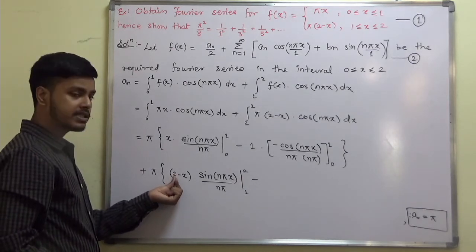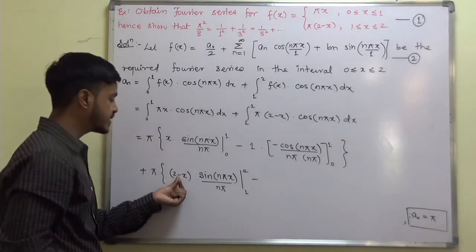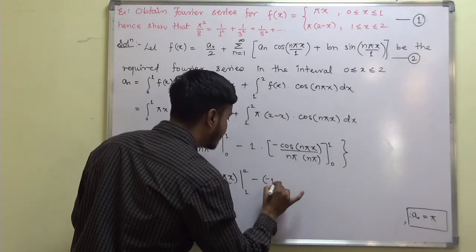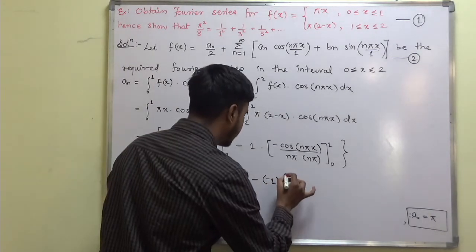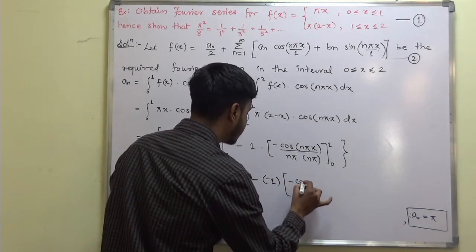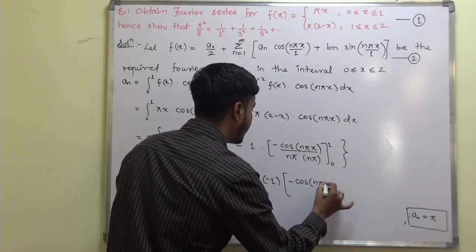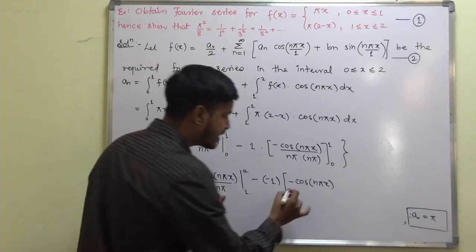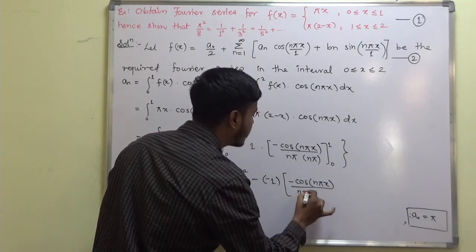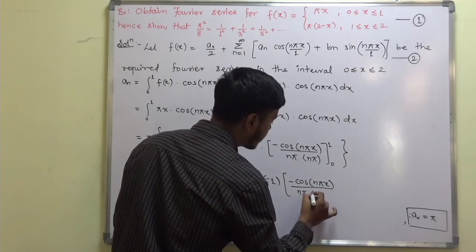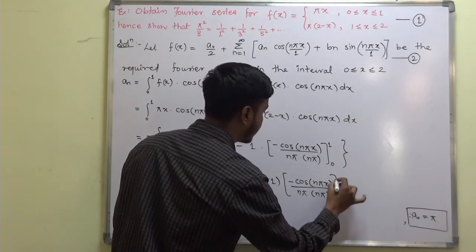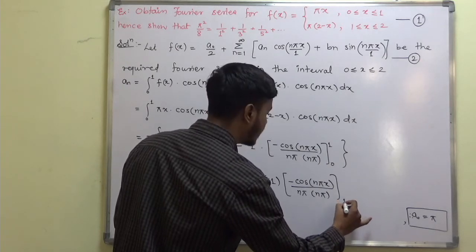Derivative of 2 is 0, minus derivative of x is 1. So this is minus 1 into integration of this. What is integration of this? Minus cos n pi x. Already this n pi is there, and one more n pi would come after taking integration of sine n pi x. So this is n pi into n pi, limits 1 to 2.